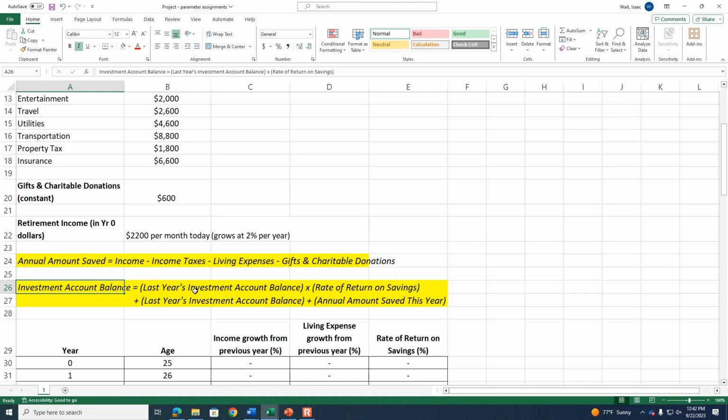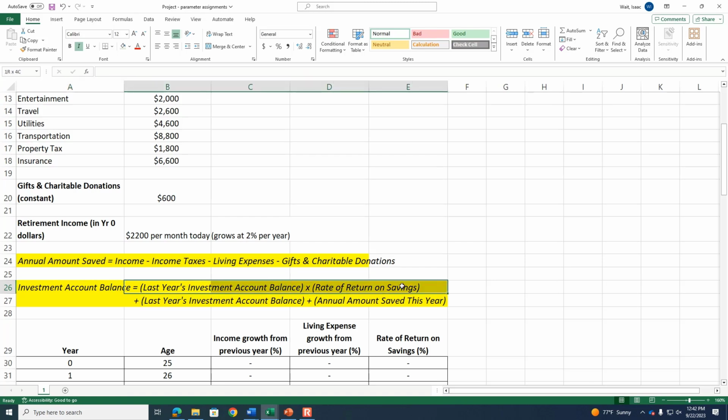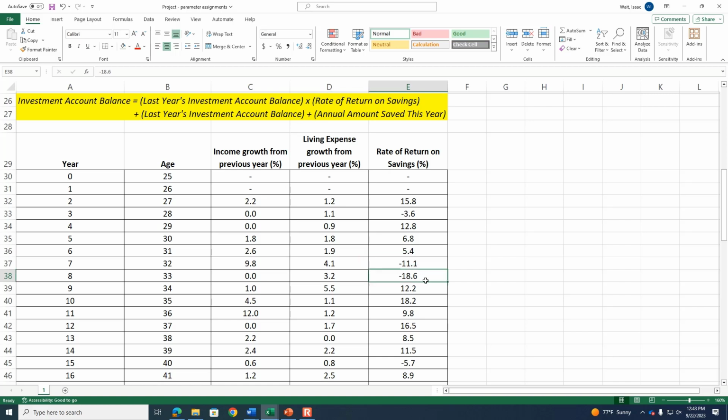So you'll notice in this formula there are three terms. There's the interest that you made, there's last year's account balance, plus the amount that you saved this year. So any year that you have more income than expenses, that investment account balance has the potential to increase unless there's a big decrease in the rate of return on savings.